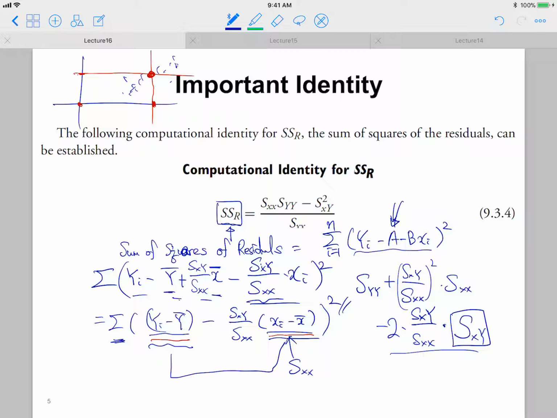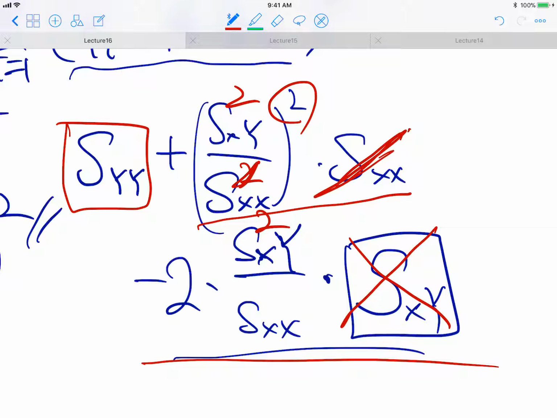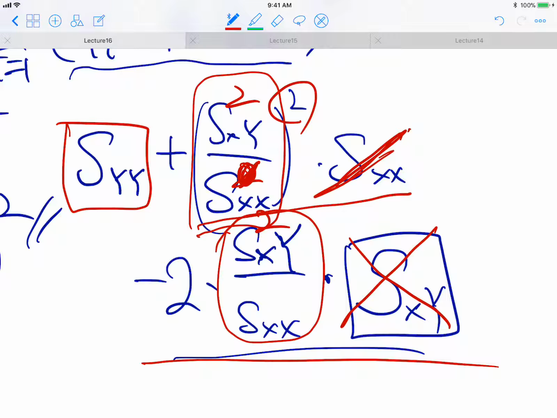And then we have one term here, and interestingly this guy and this guy are the same thing, so let's remove one and take the square of it. We have a square here and a square here, but they are also cancelled out, right? And this part and this part will be the same.